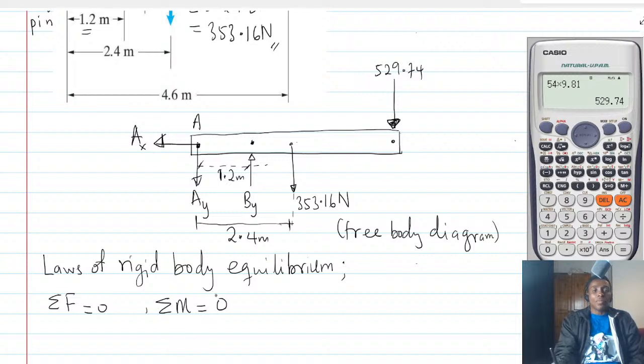Alright? Now since I am dealing with equilibrium in 2 dimensions, I'll say that summation of forces along the x, in this direction positive, should be 0.